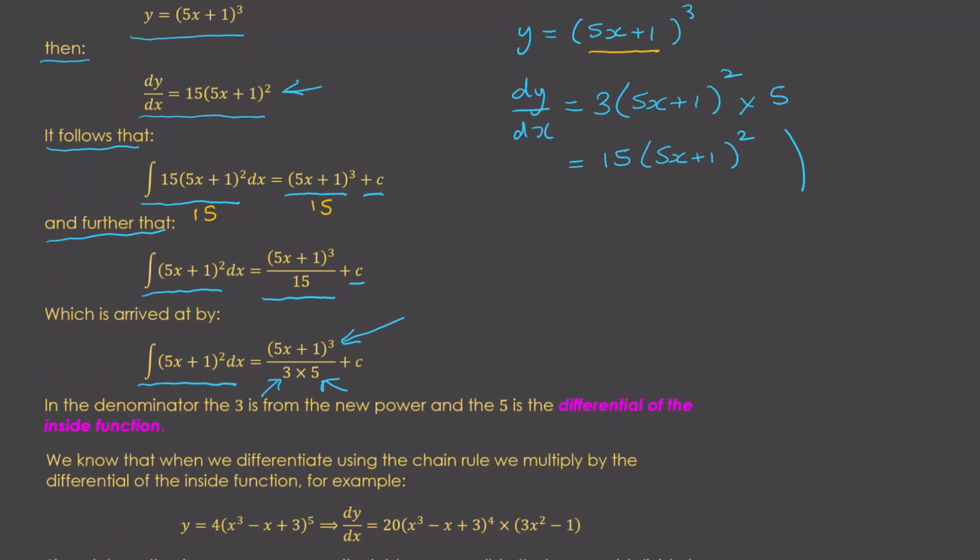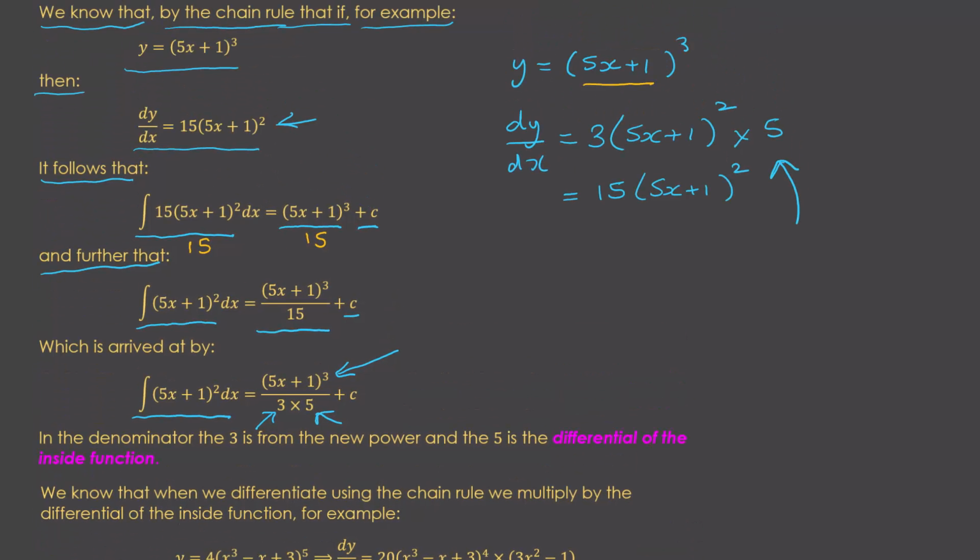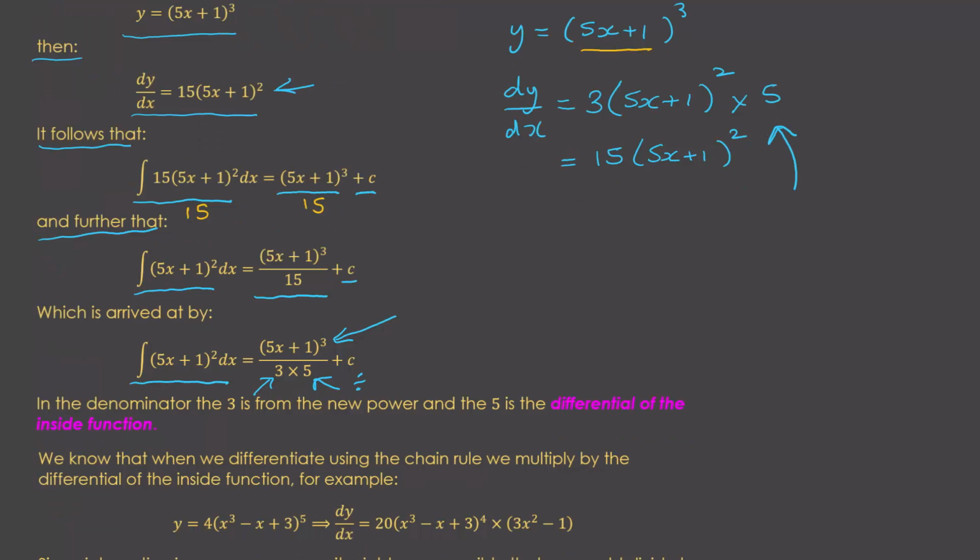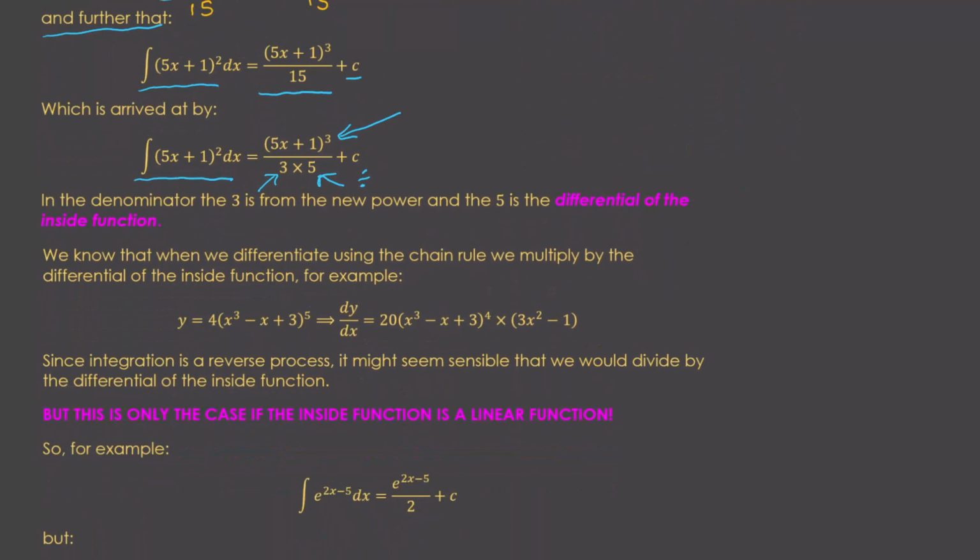Up here, we multiplied by the differential of the inside function. But integration is a reverse process. Therefore, we divide. So in the denominator, the 3 is from the new power, and the 5 is the differential of the inside function.